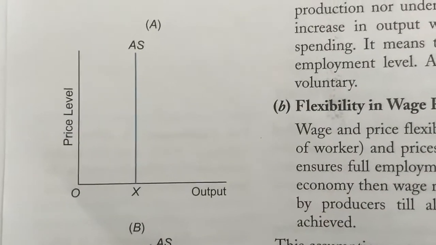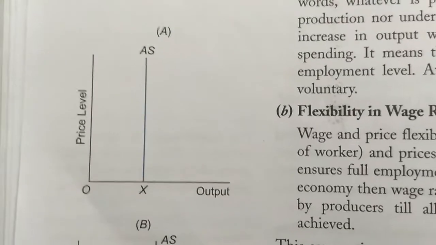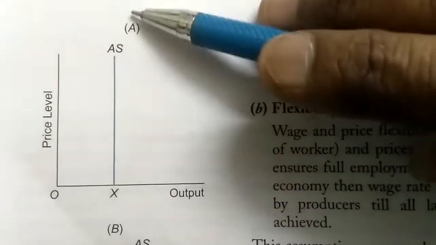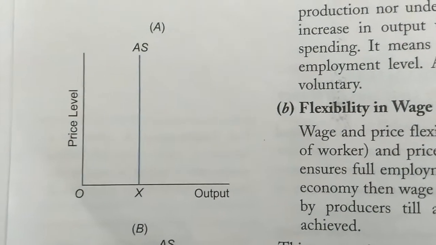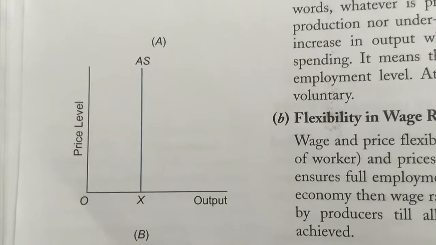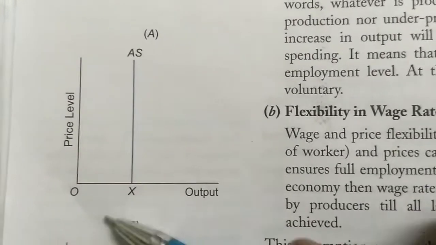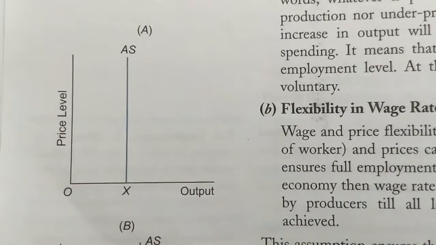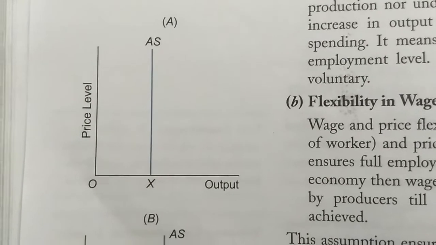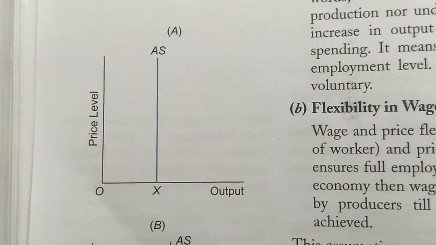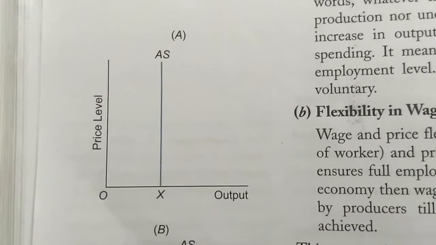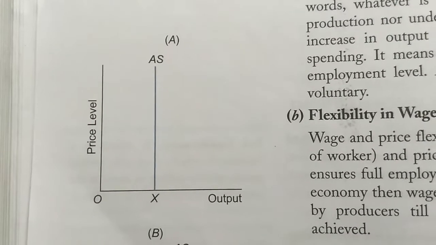It shows that the total supply of goods and services in an economy is perfectly inelastic, given by a vertical line at the full employment level of output, OX. It is due to J.B. Say's law of market and wage price flexibility.